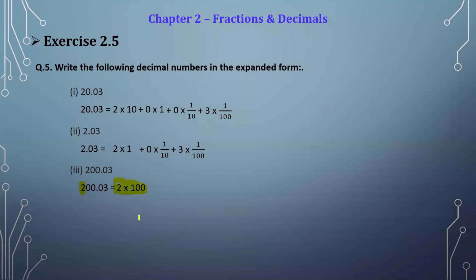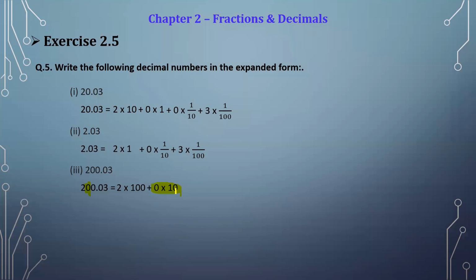Now the second expansion we have to perform: plus the next digit, which is 0, and it is present at tens place. So we are going to multiply it by 10. So we get the second expansion like this, 0 into 10, because 0 is present at tens place.